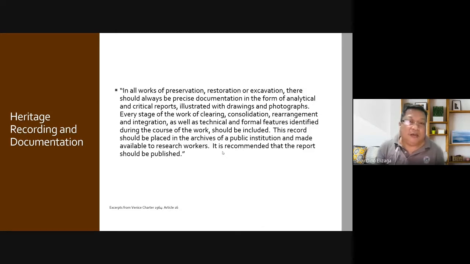The next is the conservation management plan, which is a more comprehensive document because it includes the HSR as well as the analysis of the cultural significance, and the recommendations for the intervention can be more detailed. Another document which is new to me so far is the interpretation of the heritage resource.